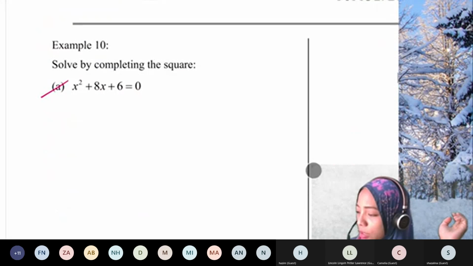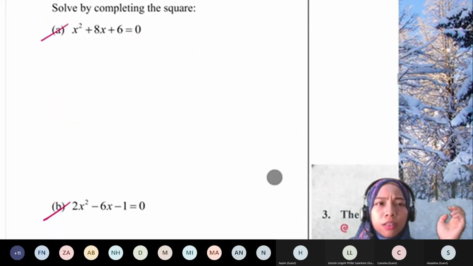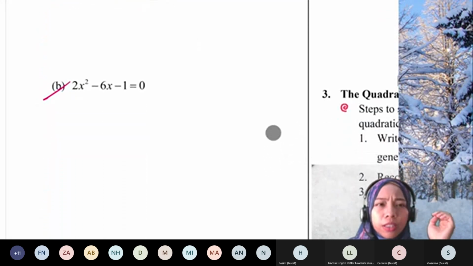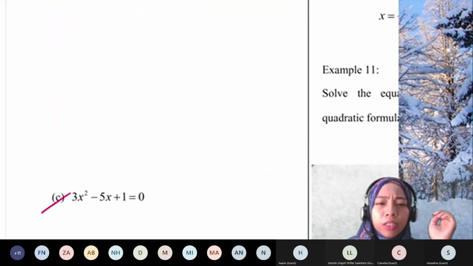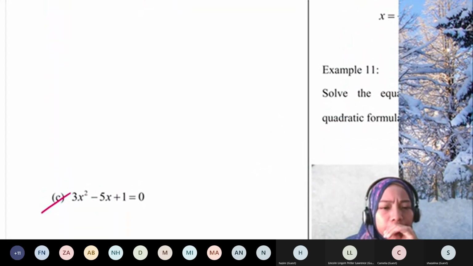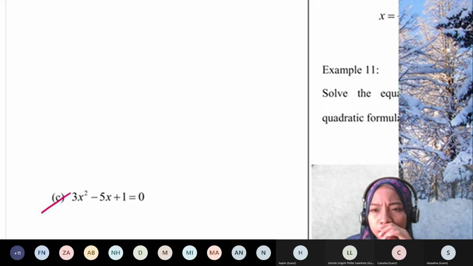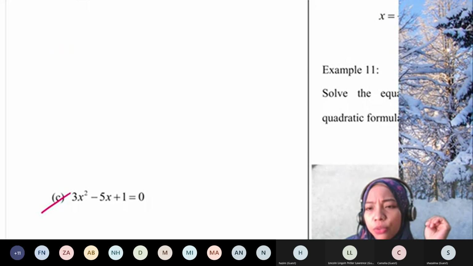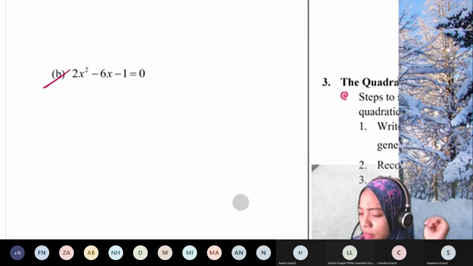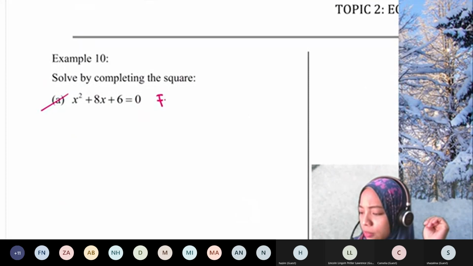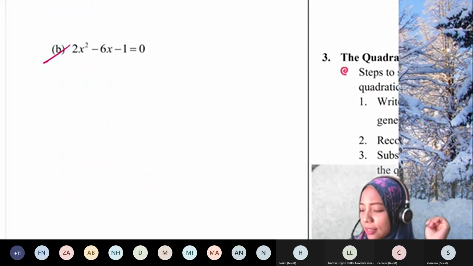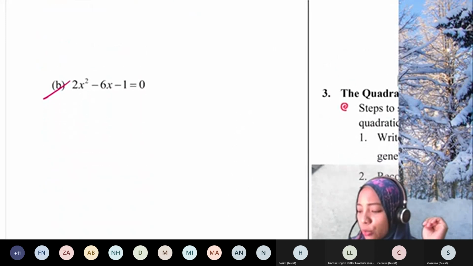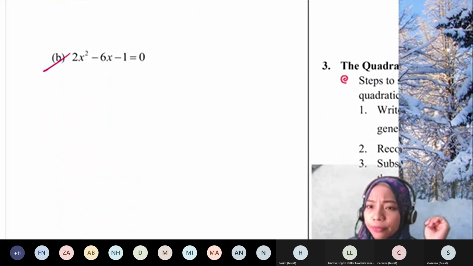Okay, cikgu minta 3 orang untuk share dekat dalam Telegram. Okay, I pilih sekarang. Cikgu minta Muhammad Firdaus yang pertama. Firdaus, 1 jam lepas kita habis kelas sekejap je, you buat dalam 5 minit dah siap dah ni.